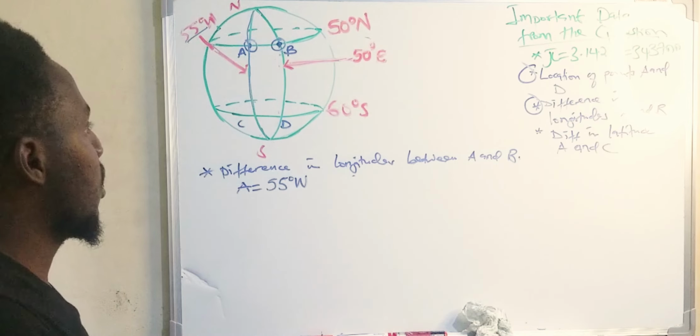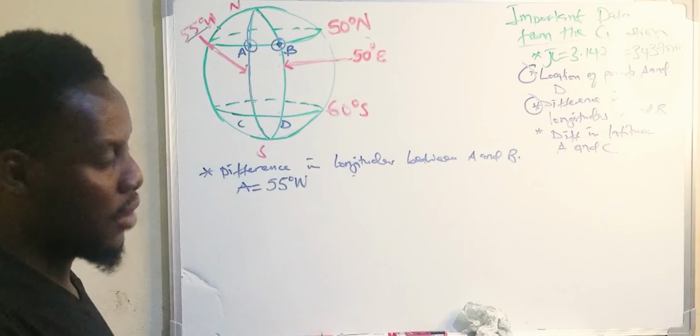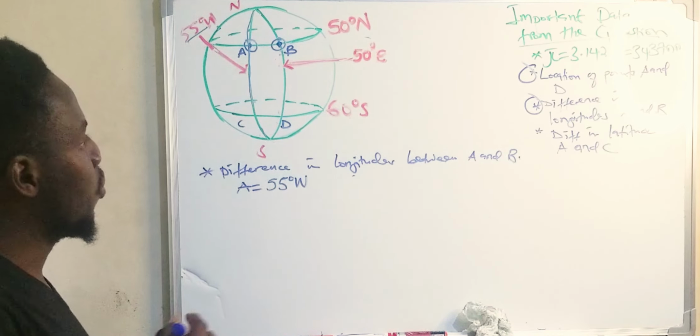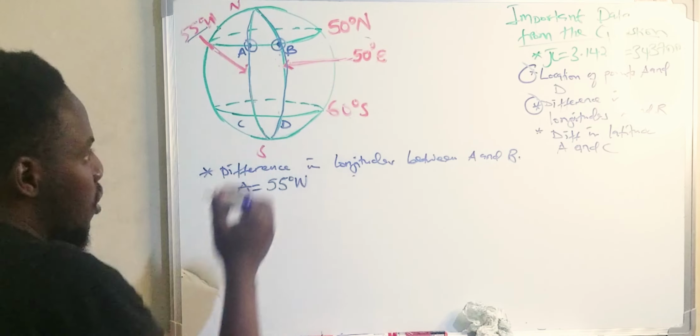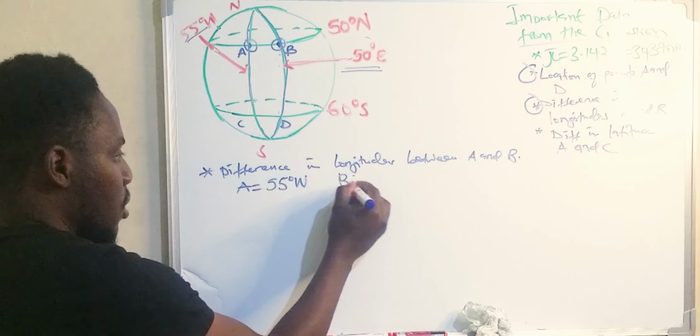Point B is where I've put a blue circle. And which longitude is point B on? This is the longitude on which point B is, and it's 50 degrees east.